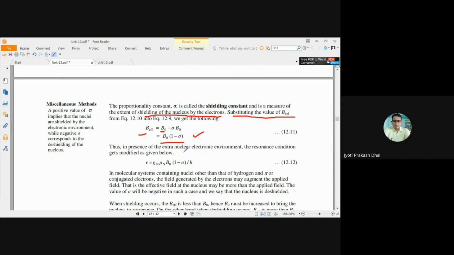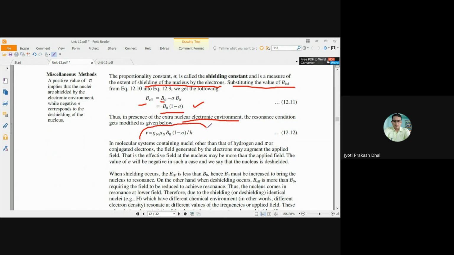Due to the presence of the extranuclear electronic environment, the resonance condition gets modified. In the previous formula, the frequency nu equals Gn mu n B naught by h, but in the actual case, the magnetic field experienced by the nucleus is not B naught but B naught into 1 minus sigma.